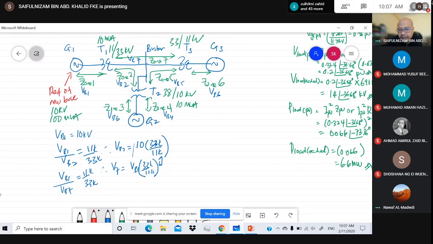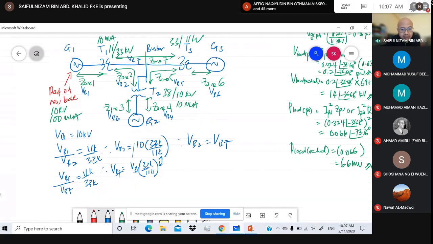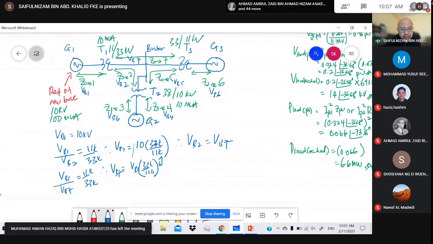Any question? Anyone understand? VB2 equal to VB7. Okay, always use the ratio of the transformer. The important thing is you understand. So what is the zone?